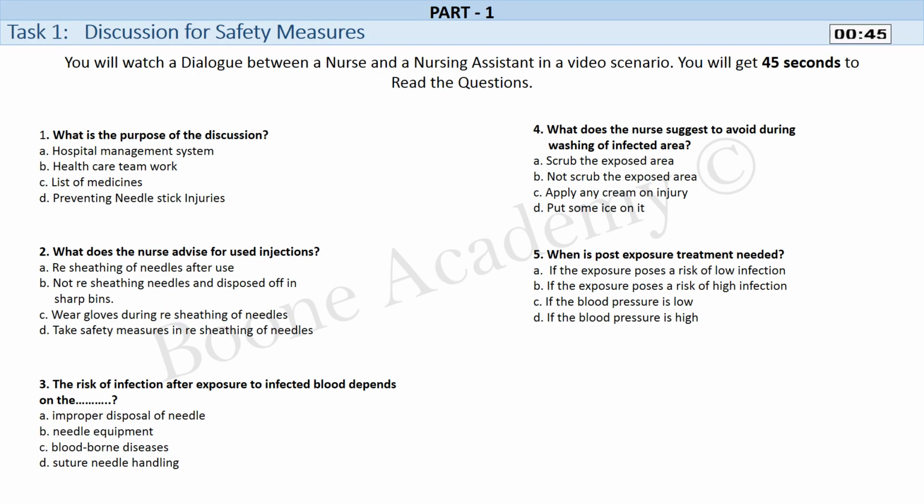Task 1. Discussion for safety measures. You will watch a dialogue between a nurse and a nursing assistant in a video scenario.